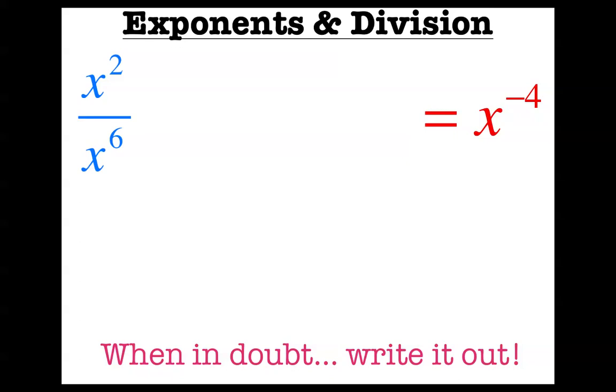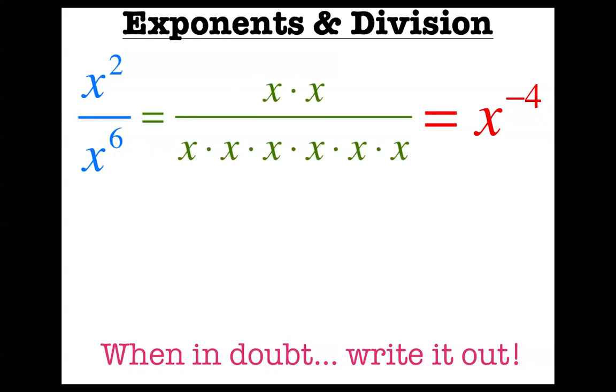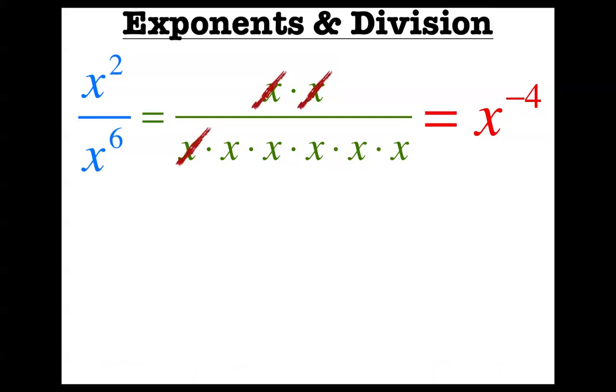Okay, we know we started with x squared over x to the 6th. We know we ended up with x to the negative 4th. Here's the in-between step. X on top, x on the bottom. Match, scratch, match, scratch. You've got nothing on the top and 4 x's on the bottom.